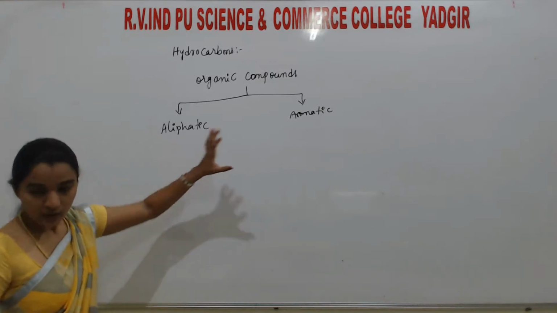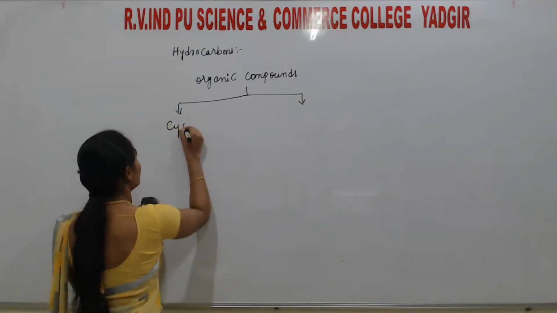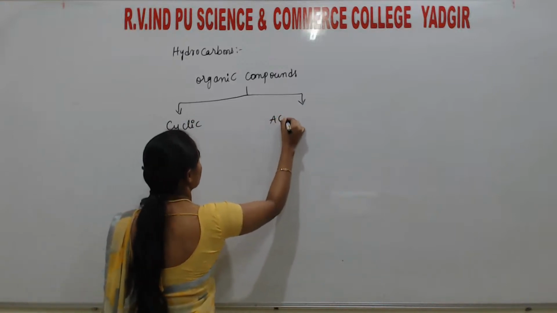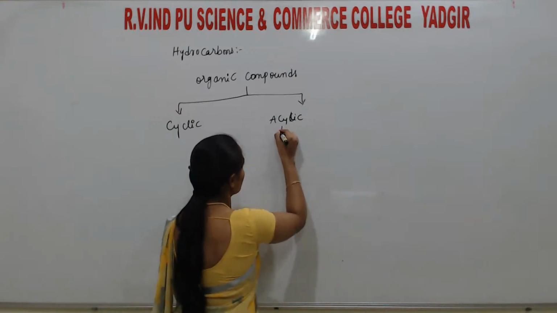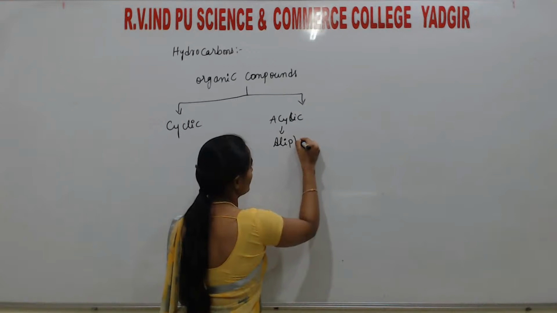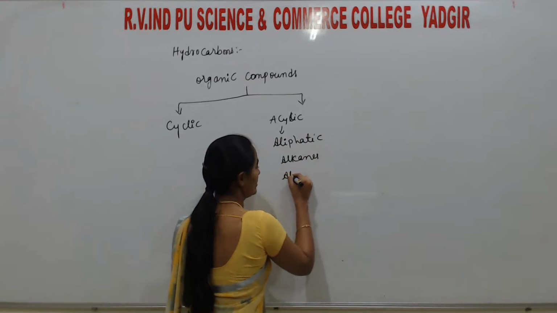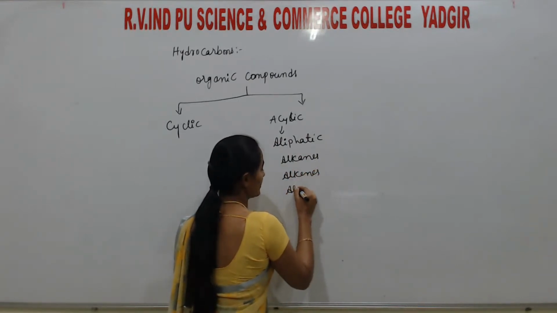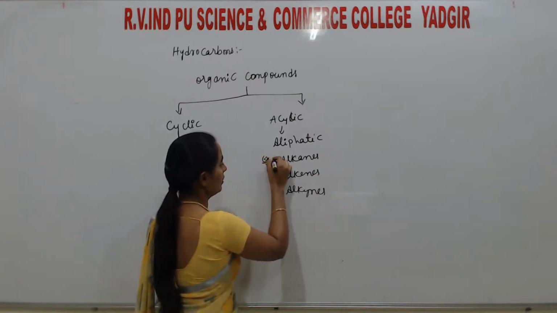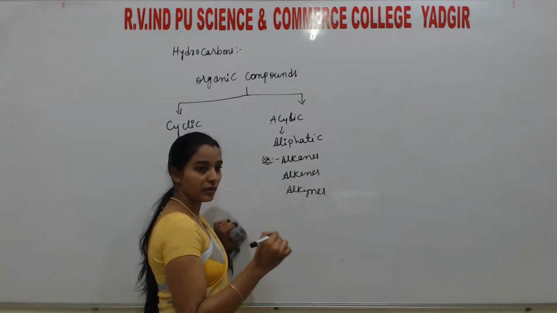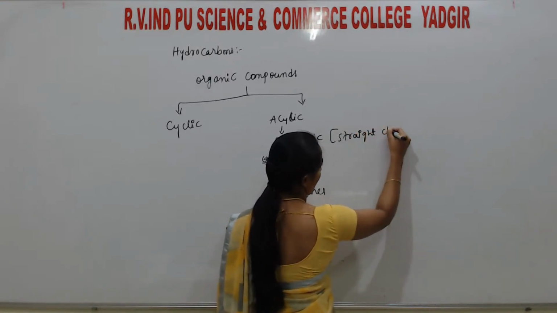So aliphatic and aromatic, or instead you can directly take cyclic and acyclic. Acyclic means there is no cycle, there is no closed structure. So these are aliphatic. Which come here? Alkanes, alkenes and alkynes. These are the examples for aliphatic compounds, straight chain. Aliphatic means, you may write, those are straight chain compounds.